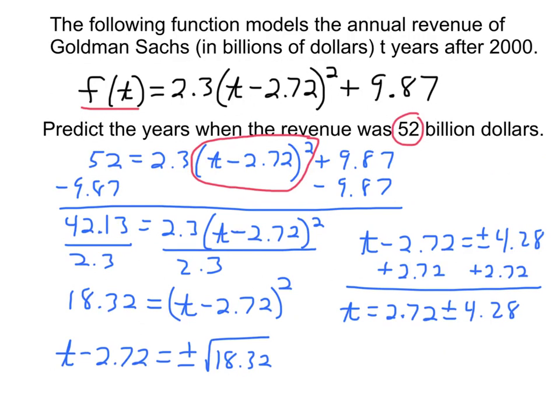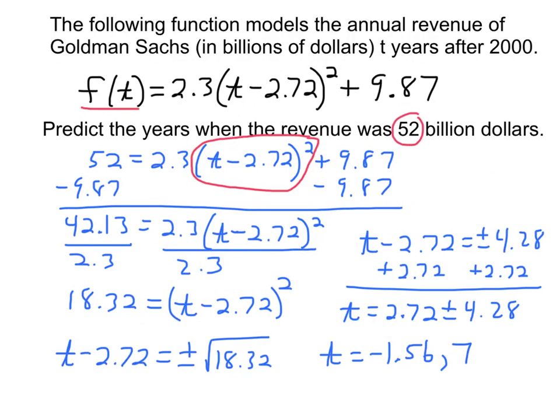So there's two solutions here. If you use the minus sign, you'd have 2.72 minus 4.28. That comes out to be negative 1.56. And if you use the plus sign and you add it, you get 7.